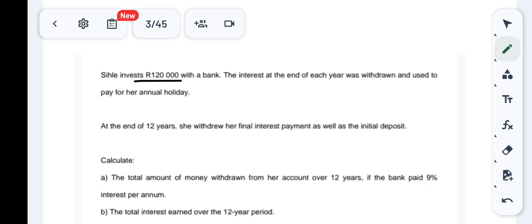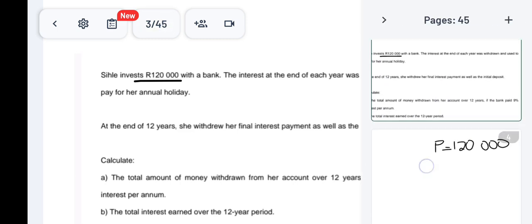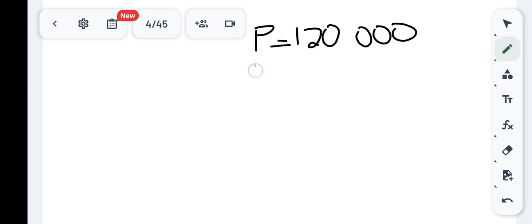That is the accumulated amount that she withdrew, because at the end of 12 years she withdrew the total amount together with the interest, of course. So what is that 12-year period? They are saying a 12-year period, so that is n, which is 12 years.